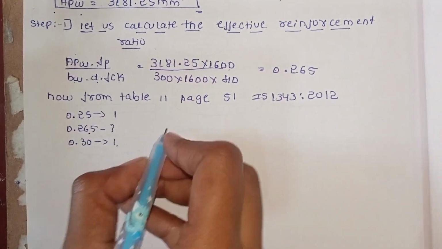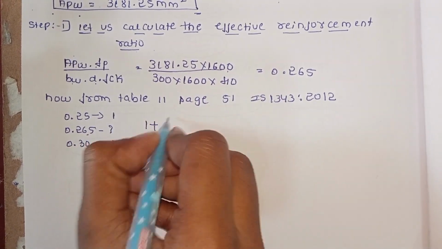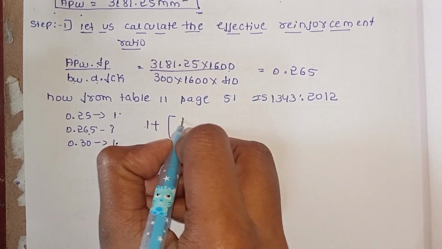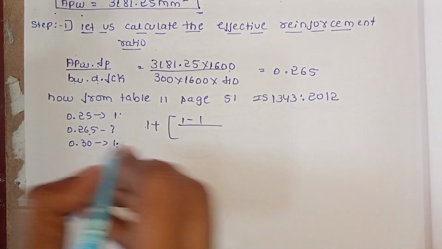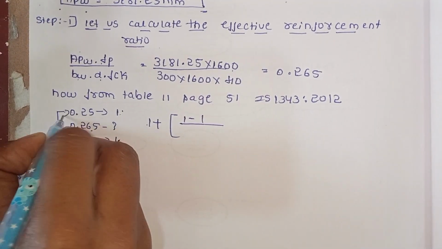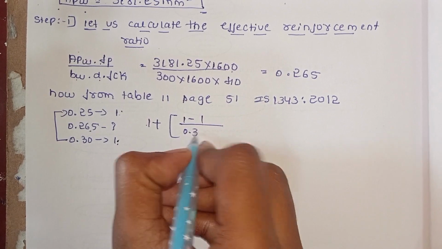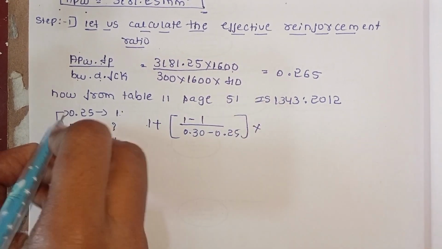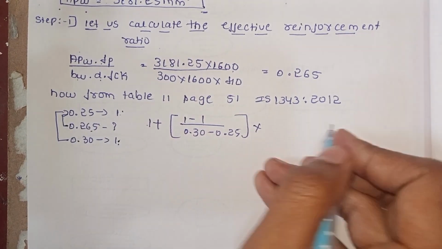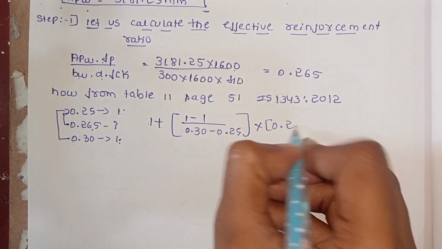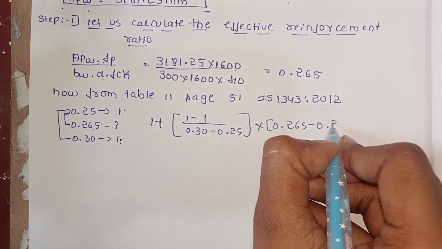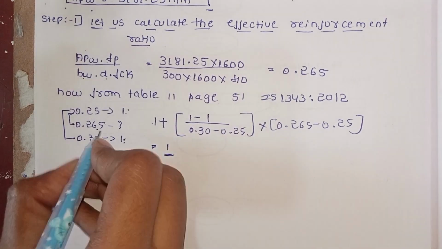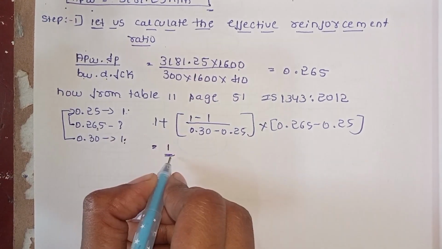So 1 plus (1 minus 1) divided by (0.30 minus 0.25), bracket close, into (0.265 minus 0.25). Now we got 1. For 0.265, the corresponding value is 1.